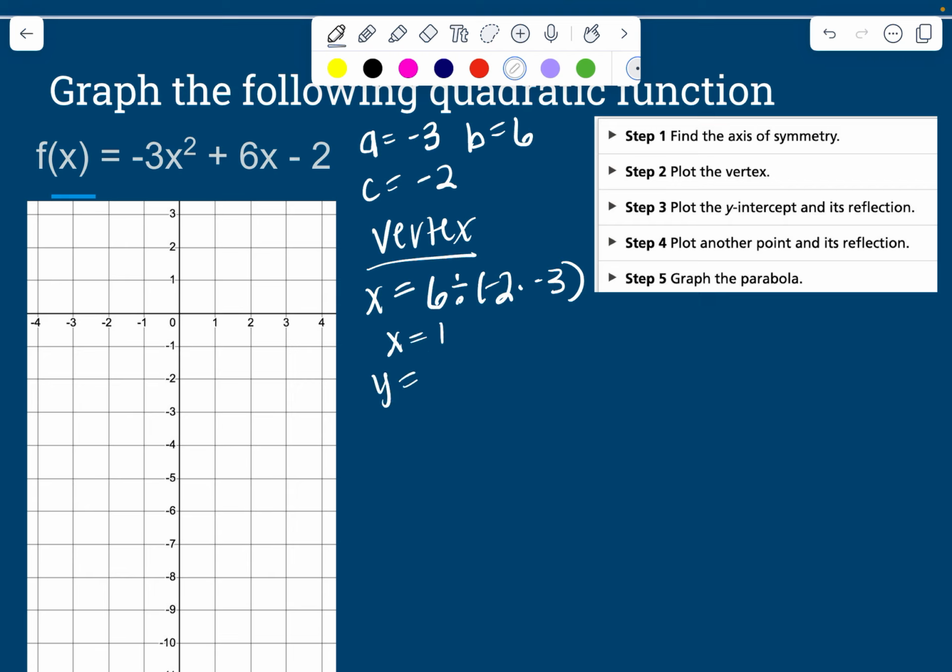Our y value then, I'm going to plug 1 back into my function. Negative 3 times 1 squared plus 6 times 1 minus 2 gives us a y value of 1. So our vertex then is at 1, 1.